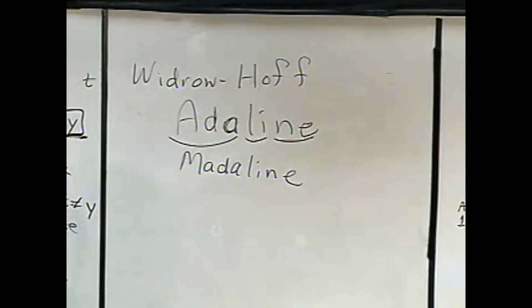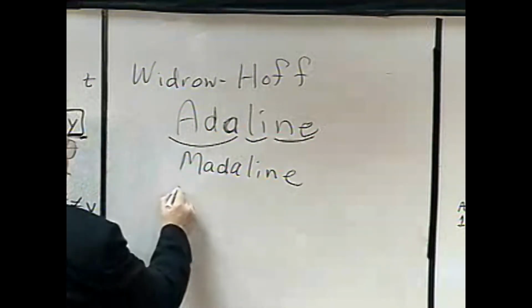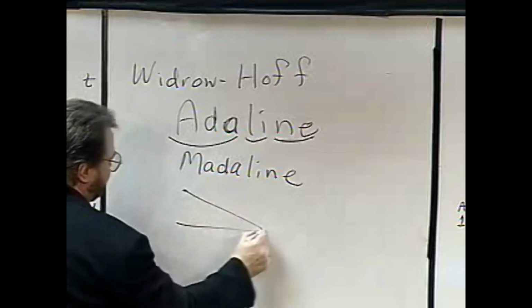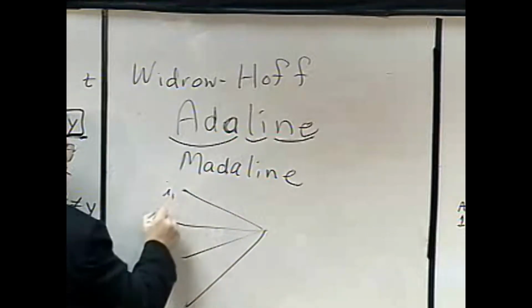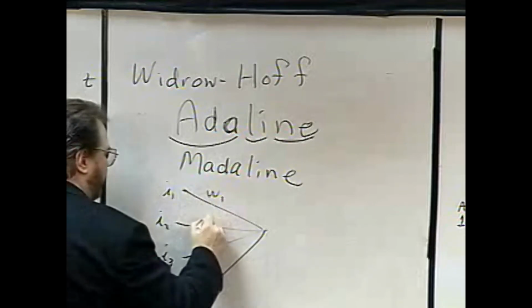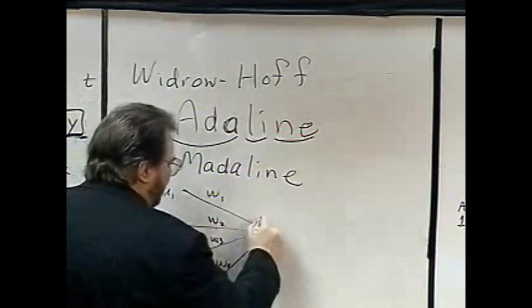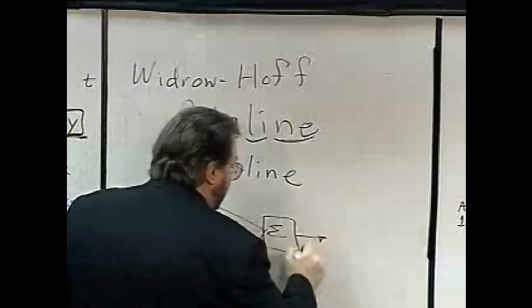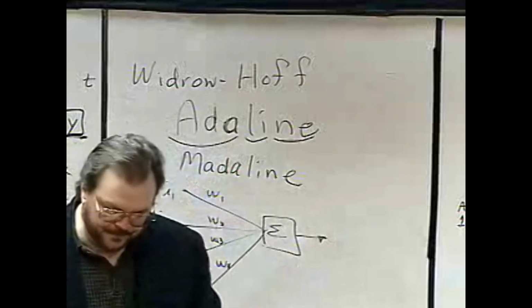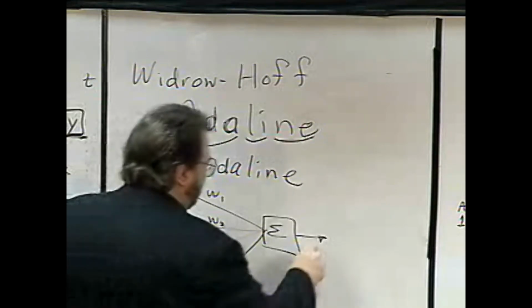Now, Widrow and Hoff actually used a soft squashing function. So here we have the same sort of situation, and we have weights associated with it, W sub 1, W sub 2, W sub 3, W sub 4. These were summed up, and typically run through some sort of sigmoid nonlinearity, although for a Widrow-Hoff algorithm you didn't have to do that.